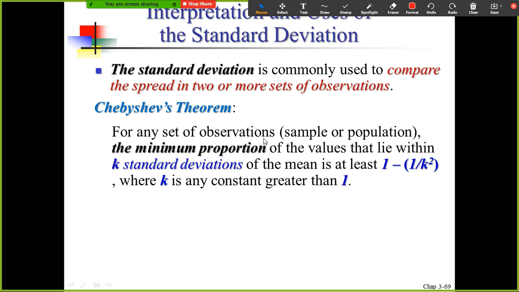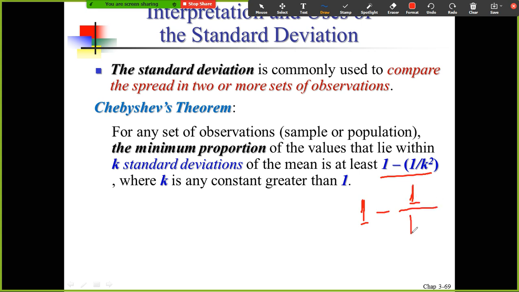For any set of observations, any data set, sample data set or population data set, the minimum proportion of values that lie within k standard deviations is at least 1 minus 1 over k square.